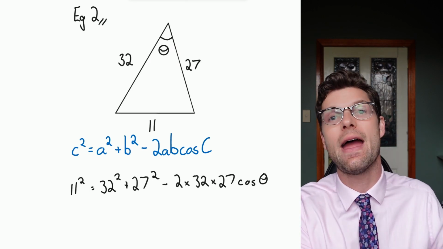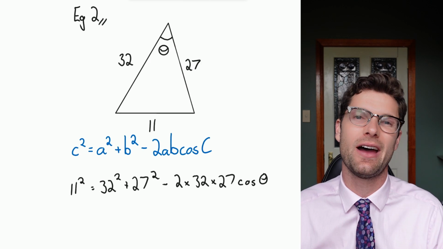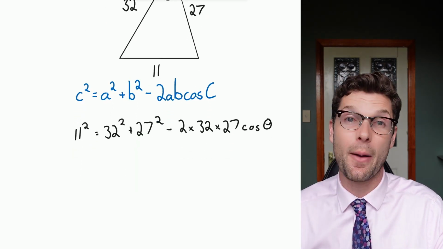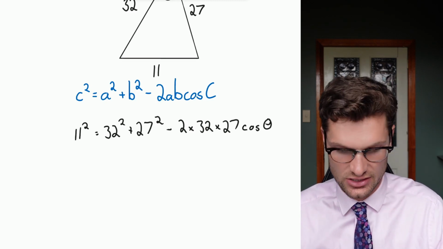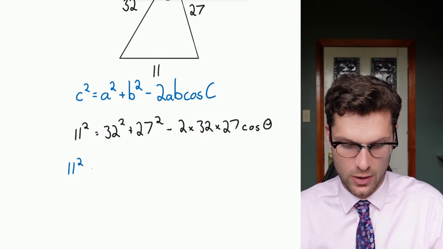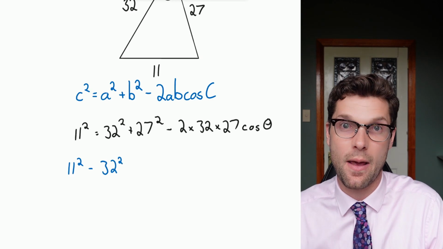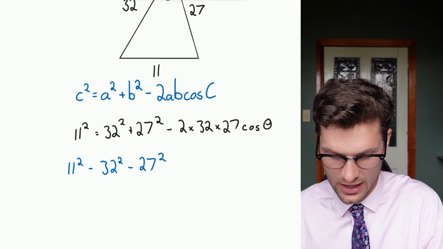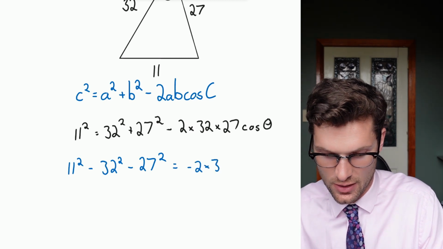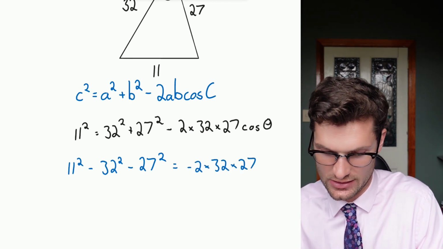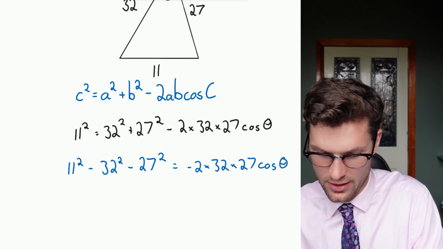So we've got to move everything else that's not multiplied over first. So I'm going to minus 32 squared and 27 squared onto the other side. So this becomes 11 squared minus 32 squared minus 27 squared is equal to -2ab cos C, or -2 times 32 times 27 cos theta.